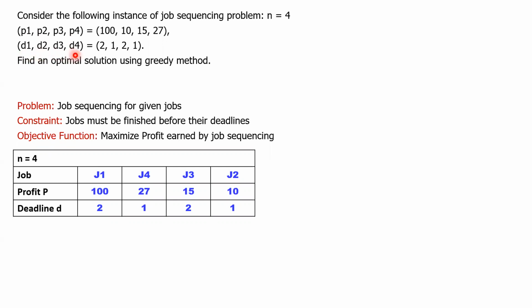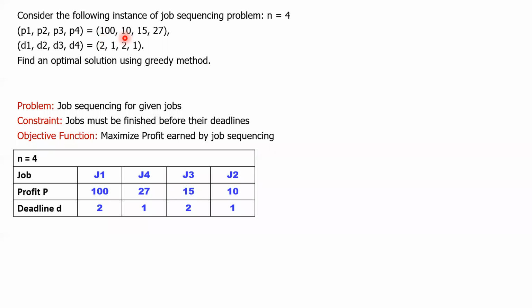D1, D2, D3, D4 are the deadlines for the jobs. Now, profit P1 is 100 and the deadline is 2. That indicates that if job J1 is scheduled and it is completed before second time unit, then its profit of 100 will be earned.